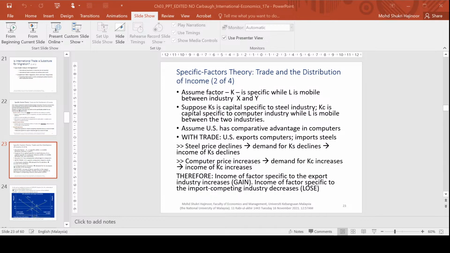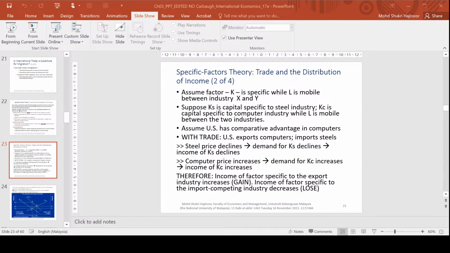Immigration, on the other hand, results in a decrease in the supply of skilled workers relative to the unskilled workers, because those who are coming are unskilled workers. So there's going to be a decrease in the supply of skilled workers in relation to the unskilled workers.